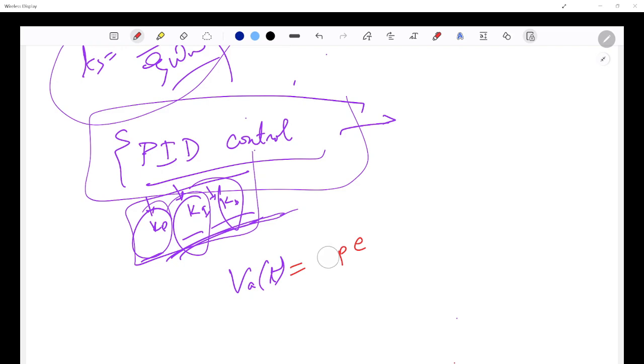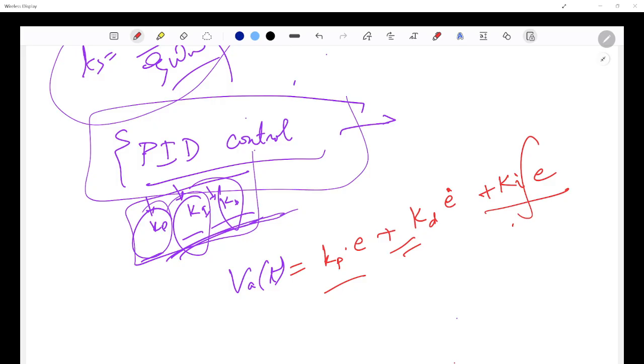KP is a single constant. Then KD into E dot, the derivative of the error, and KI into the integral of the error. I don't use KV, by the way. These terms are responsible basically to drive me to the desired position.